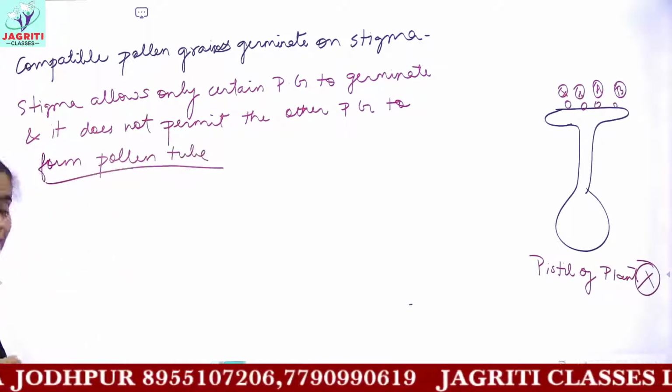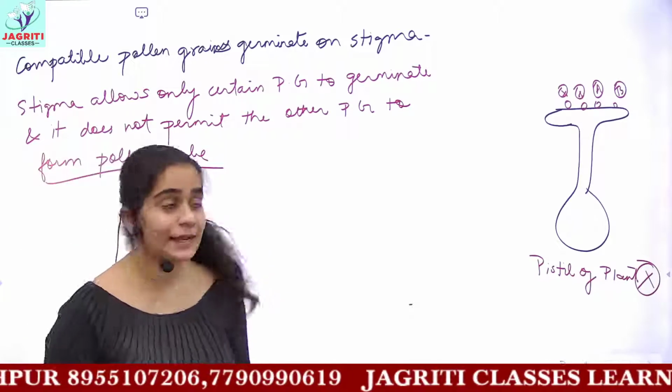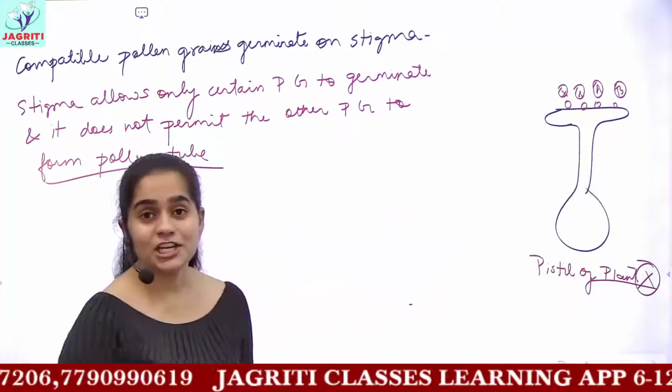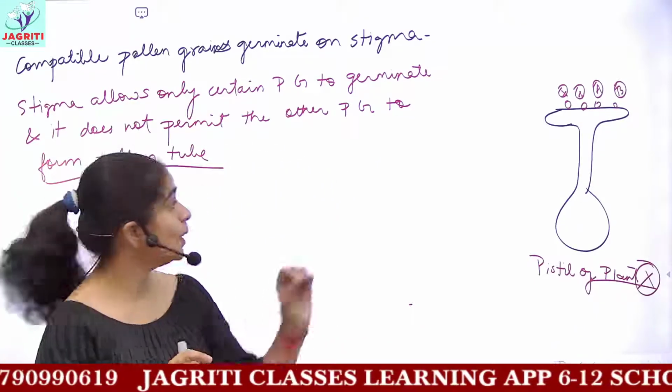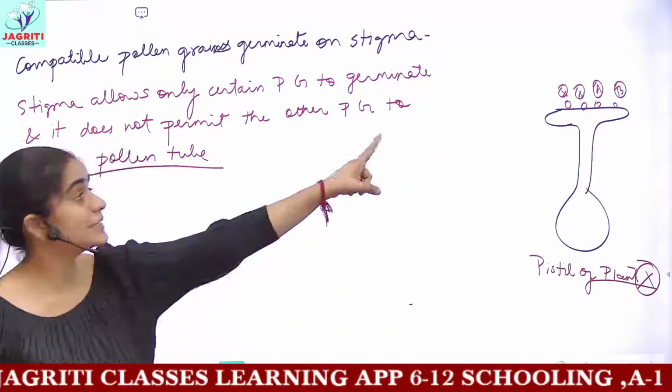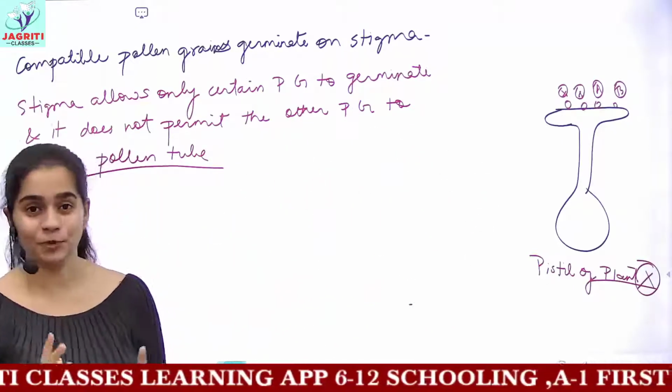It means it allows only some selective pollen grains which belong to the same plant to undergo germination. Germination means this pollen grain would form a pollen tube, and it does not permit the other kind of pollen grains to form the pollen tube.